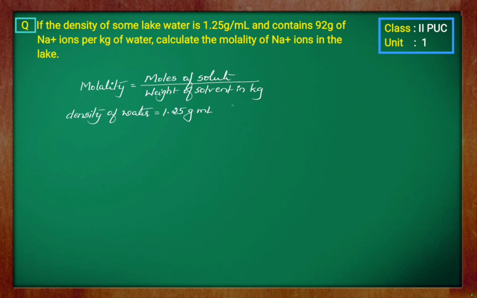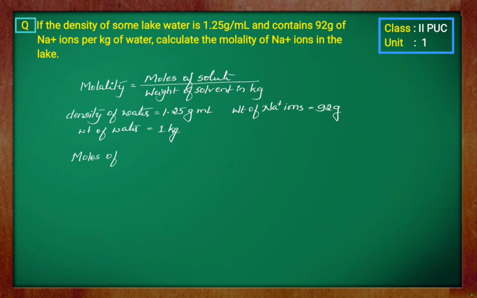Weight of Na plus ions has been given. Weight of Na plus ions is equal to 92 grams. So they have given it's 92 grams per kg of water. So therefore weight of water, which is solvent, that is 1 kg. So we need to calculate moles of solute.